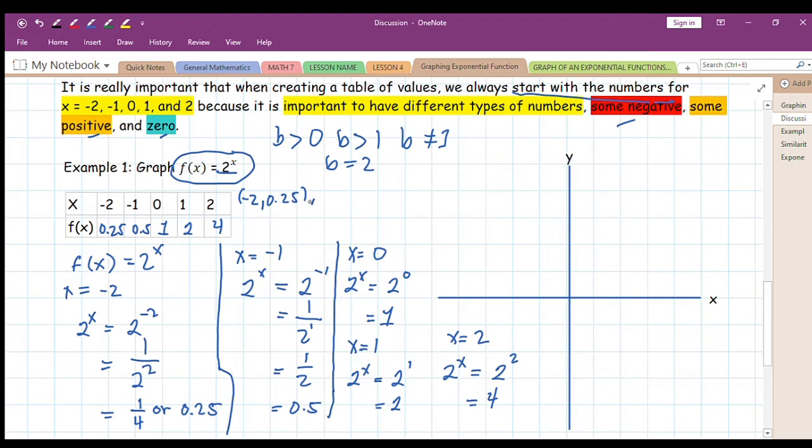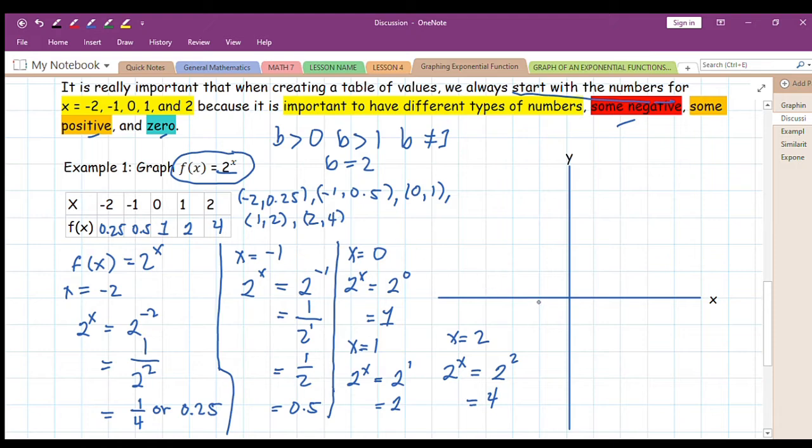And also we have the ordered pair of negative 1 and 0.5. And also we have the ordered pair of 0 and 1, and also we have the ordered pair of 1 comma 2, and then last we have 2 comma 4. That will be our ordered pairs.